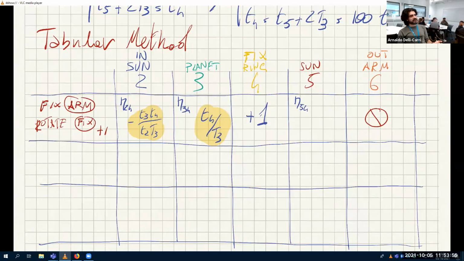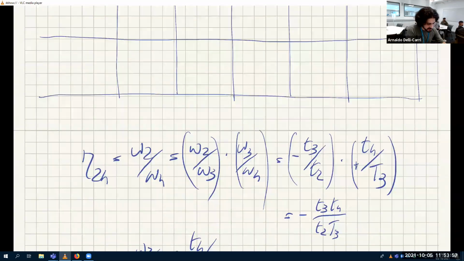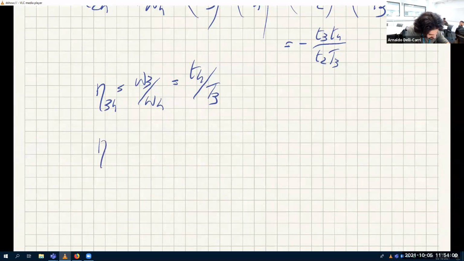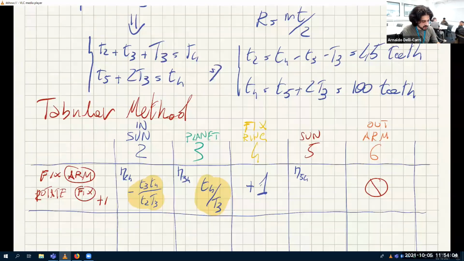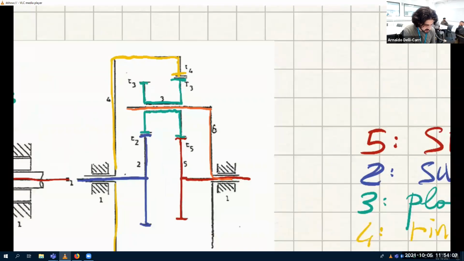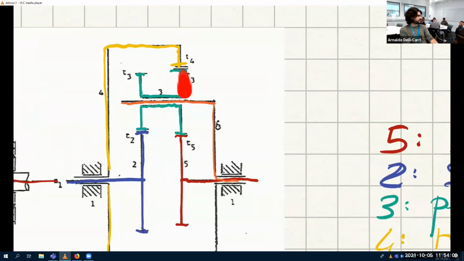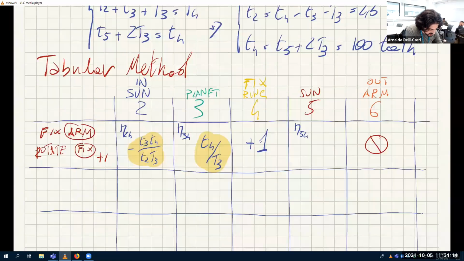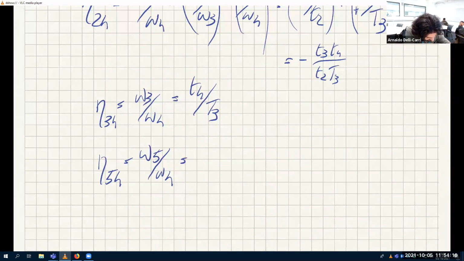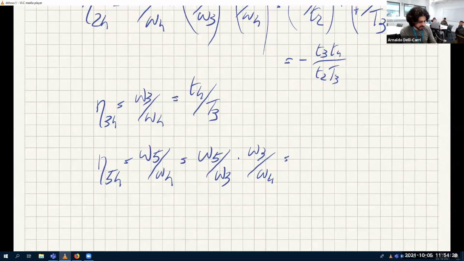Let's have a look at eta 5,4, which is omega 5 over omega 4. Do they mesh together or not? They don't. But they do mesh via 3. So let's multiply and divide everything by omega 3. Now, omega 3 over omega 4 is just this.